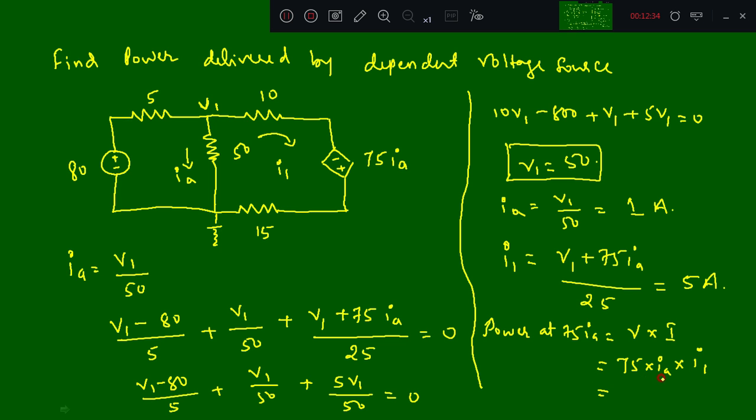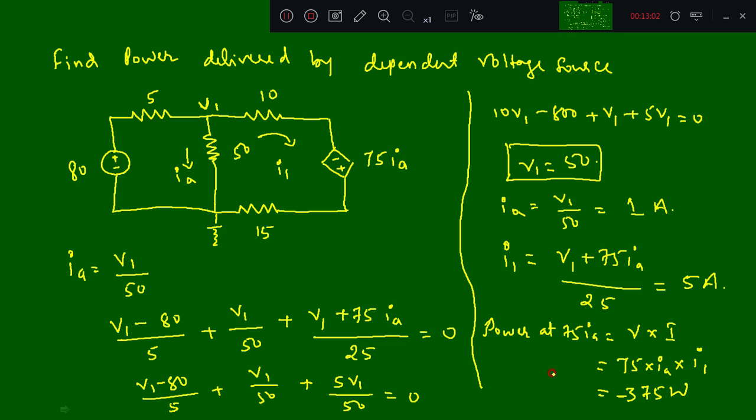So it is 75 into 1 into 5, which is 375 watts, but the sign is negative because it is supplied.